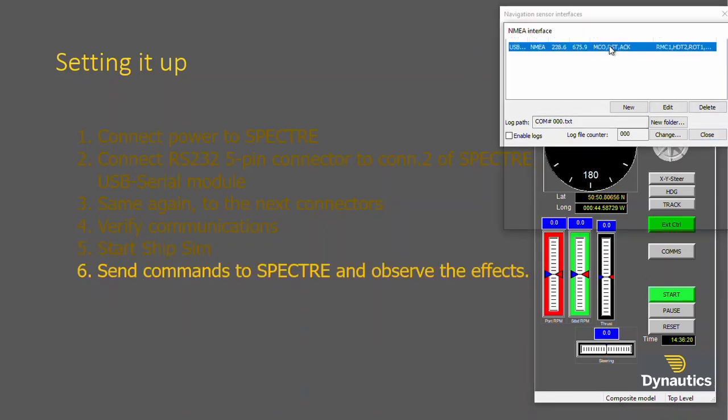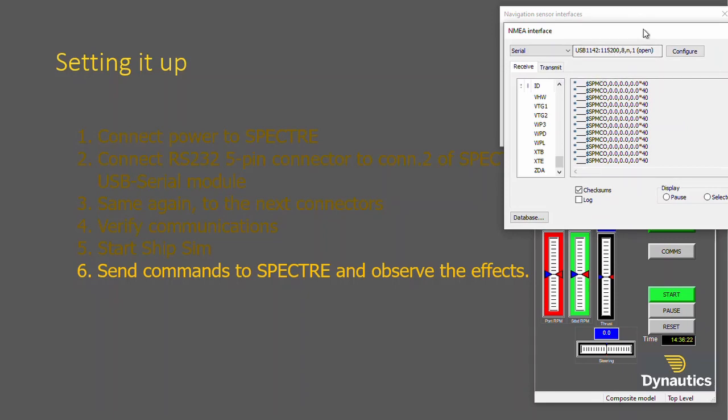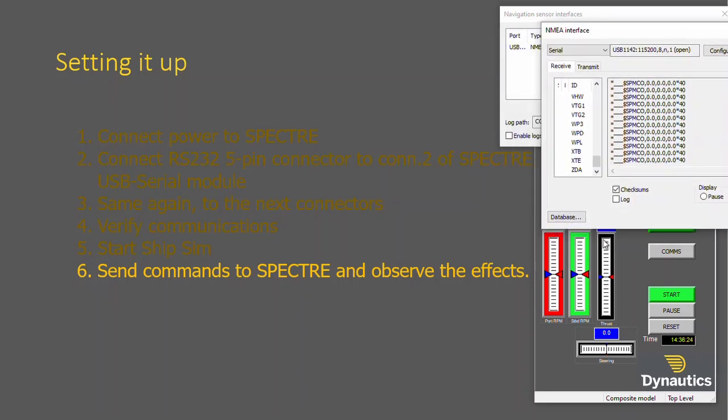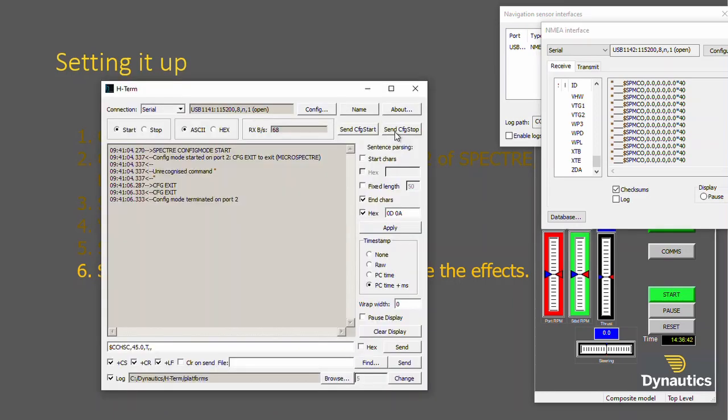So let's have a look at the data that's coming in, and then we can see the data coming in there, and it'll be reflected on those sliders. We'll use hterm, which is already connected to Spectre, and we're not in config mode, so we can send various commands into Spectre. So the first command we're going to send is the command to put it into XY steer mode.